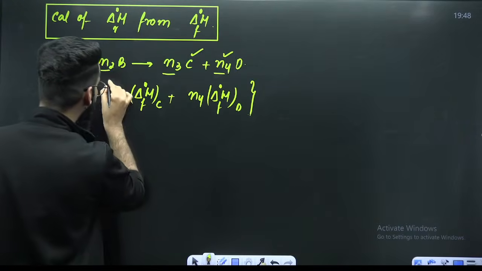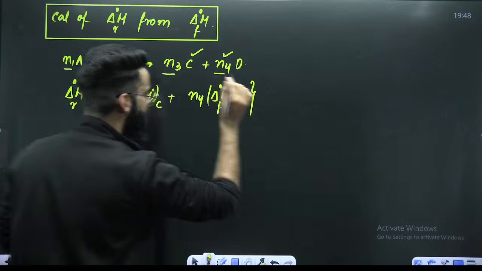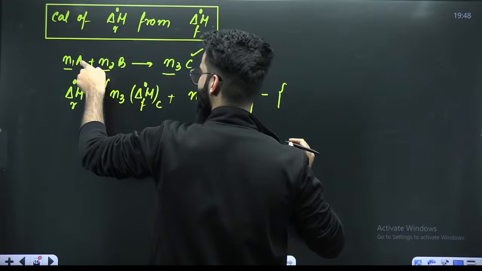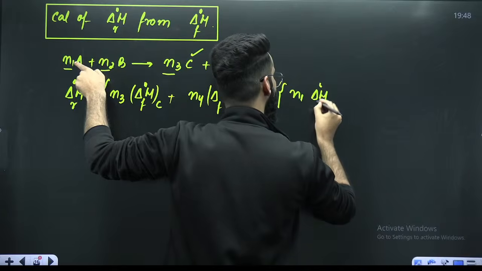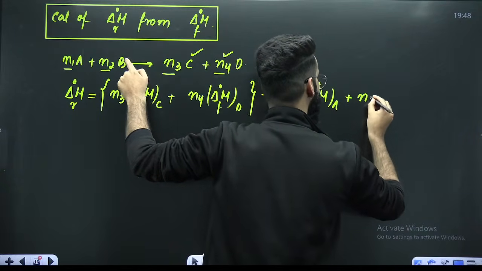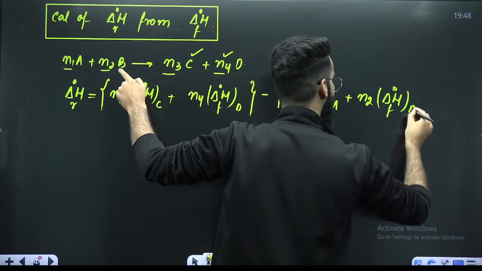This whole term is what I'm calling the standard enthalpy of formation of products minus the standard enthalpy of formation of reactants. Start with A. Its stoichiometric coefficient is n1 multiplied by the formation enthalpy of A plus n2 multiplied by standard enthalpy of formation of B.